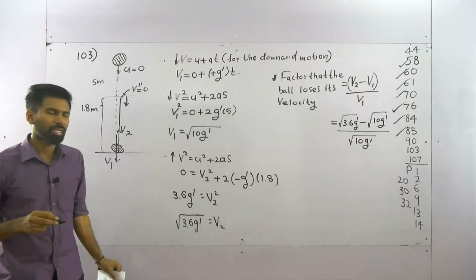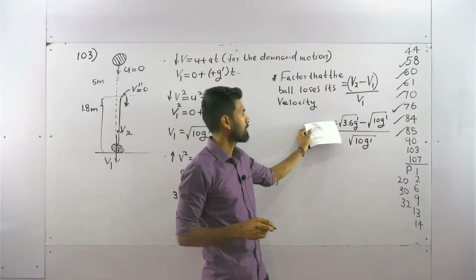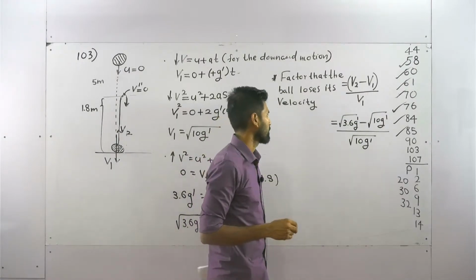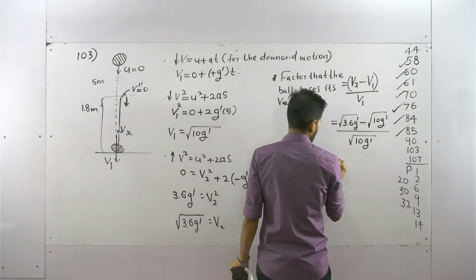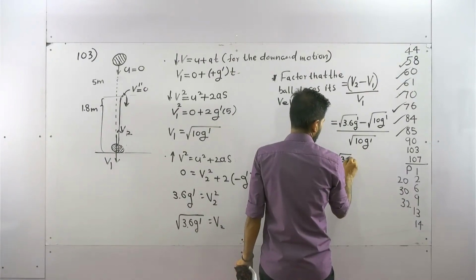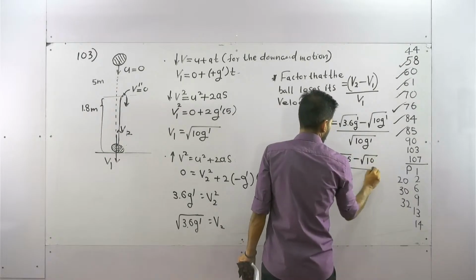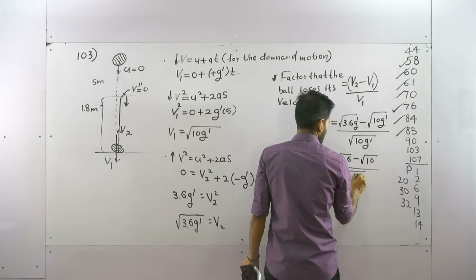To find the factor that it changed, you have to find the change. Then you have to take the factor by dividing it by the initial value. G dash will cancel out. Root 3.6 minus root 10 over root 10.